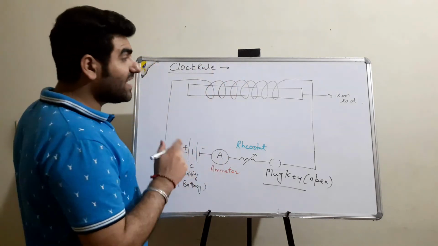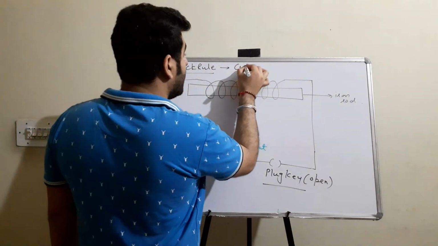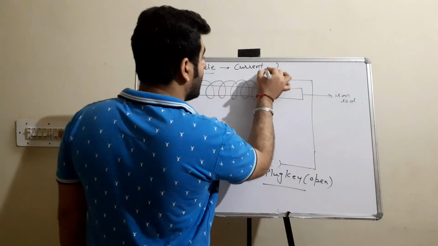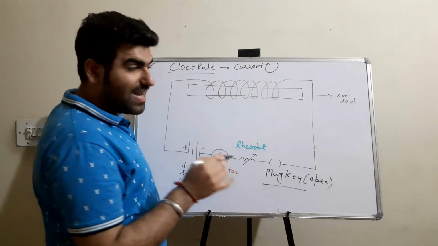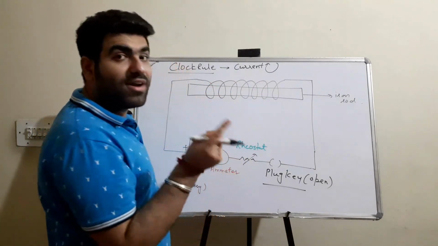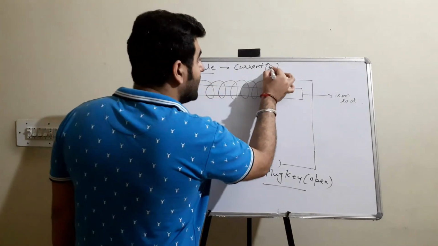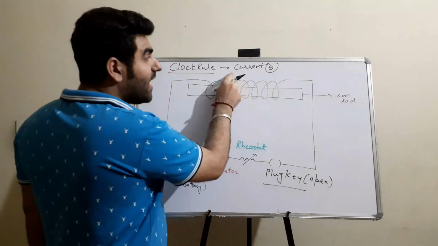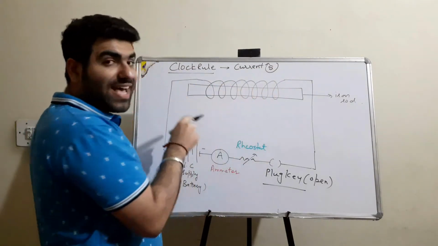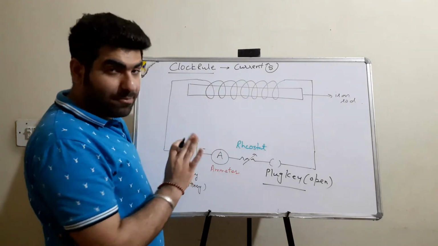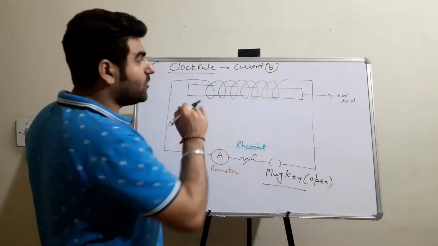The clock rule says if the current in the coil is in the clockwise direction, then the pole over that side, that is the magnetic pole over that side, would be the south pole.